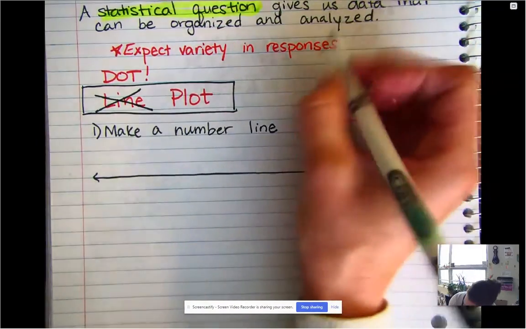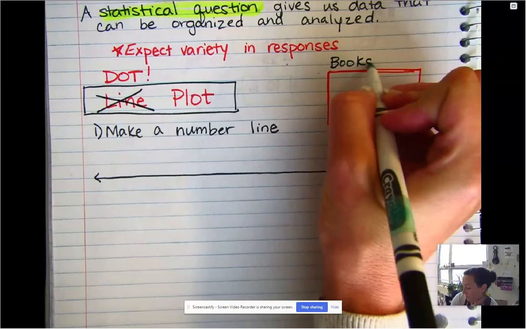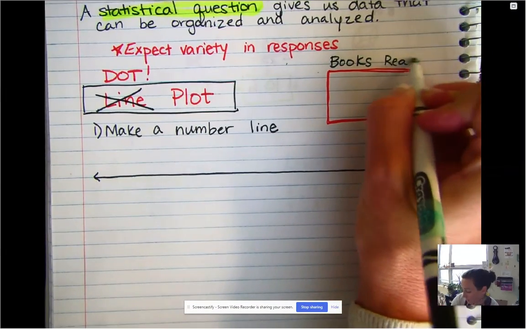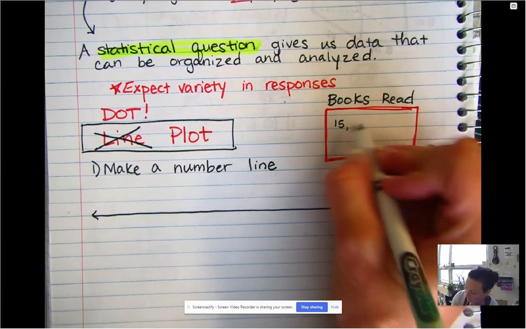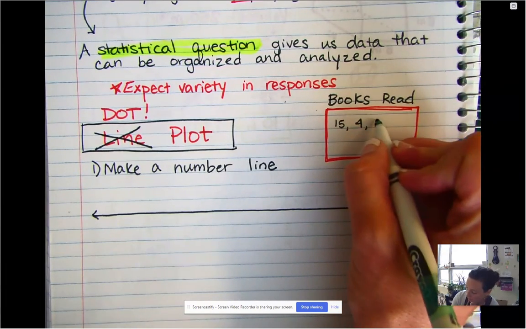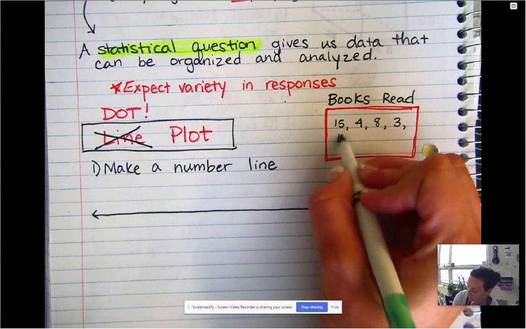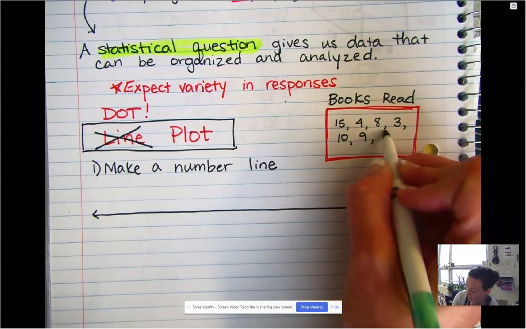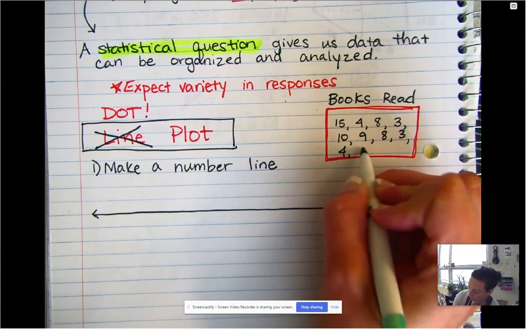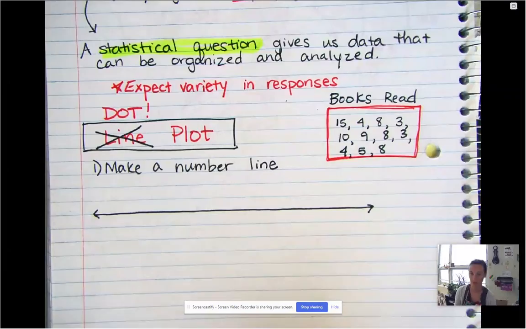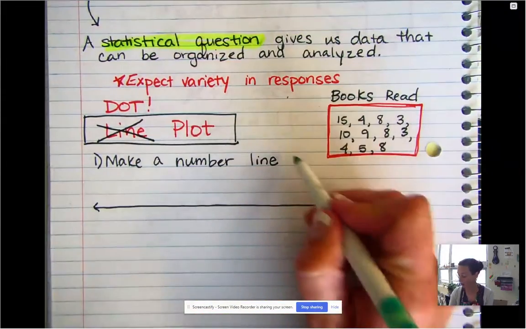So if the question is about how many books people have read, the data set would be the answers you get. So somebody says 15, somebody else says 4, somebody says 8, somebody says 3, somebody says 10, 9, 8, 3, 4, 5, 8.